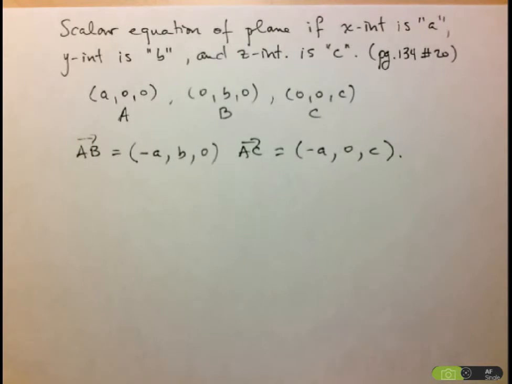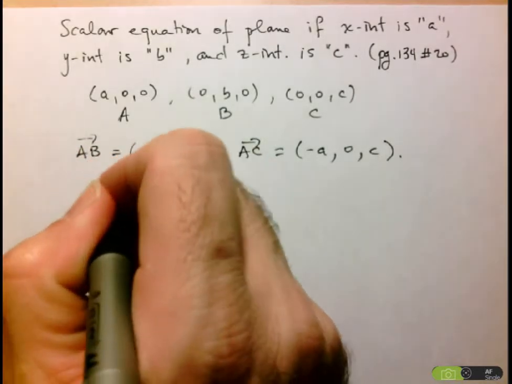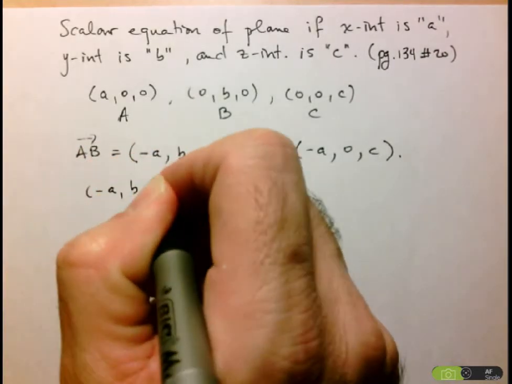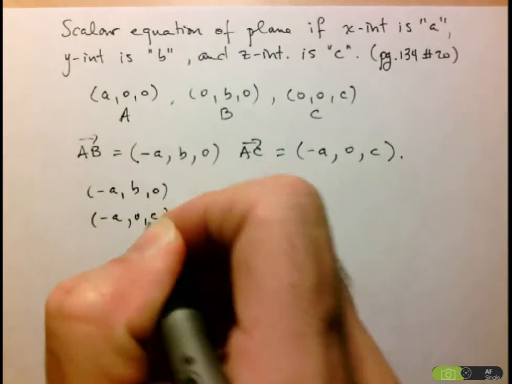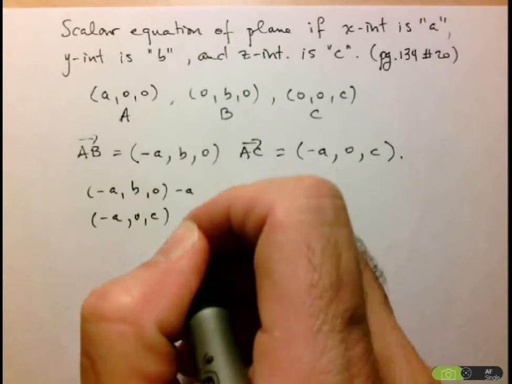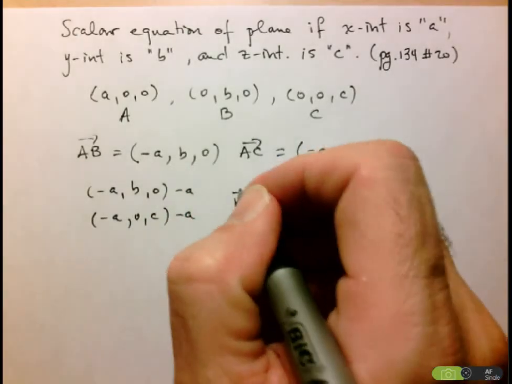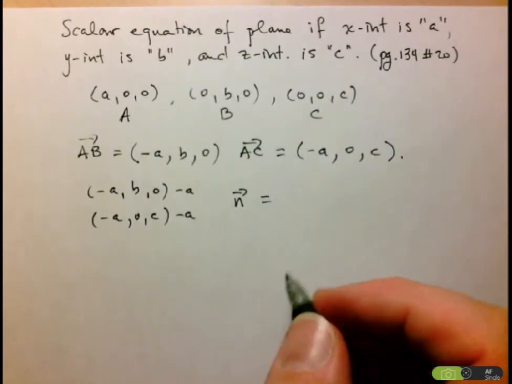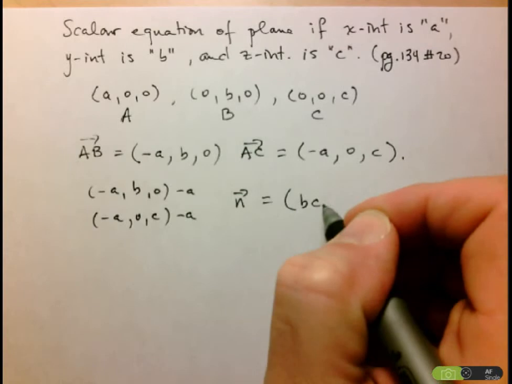Now we'll take the cross product of these two vectors: (negative A, B, 0) crossed with (negative A, 0, C). Let's find our normal vector. Our x component will be BC minus 0, so BC.